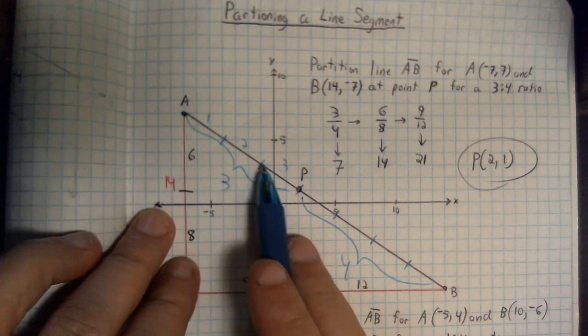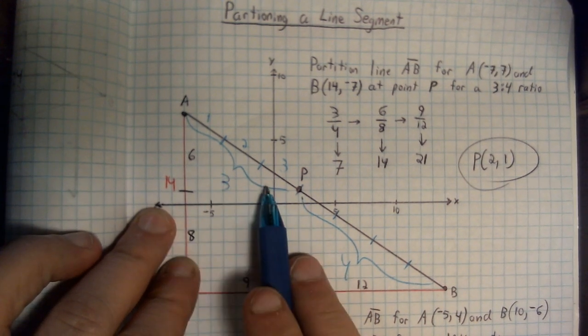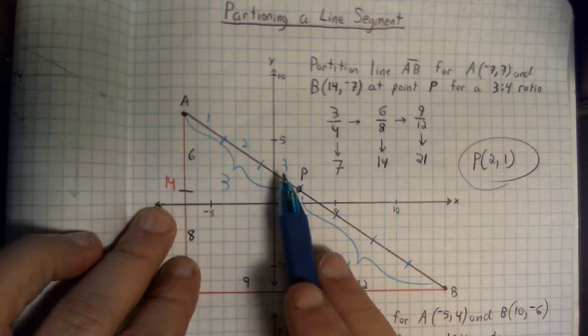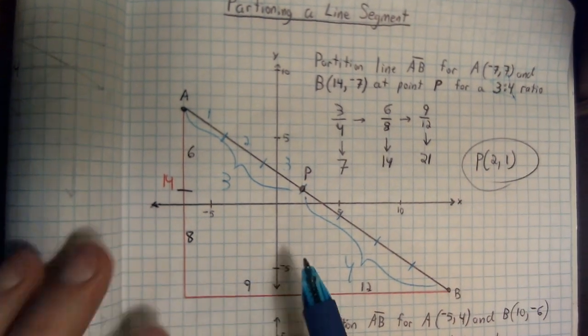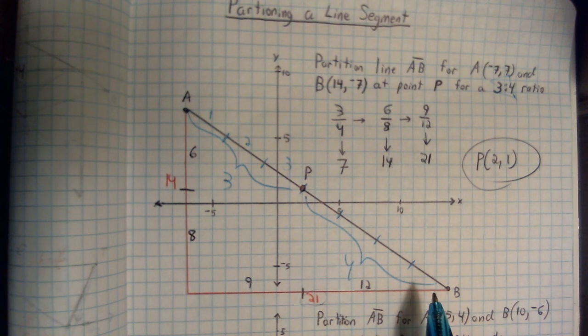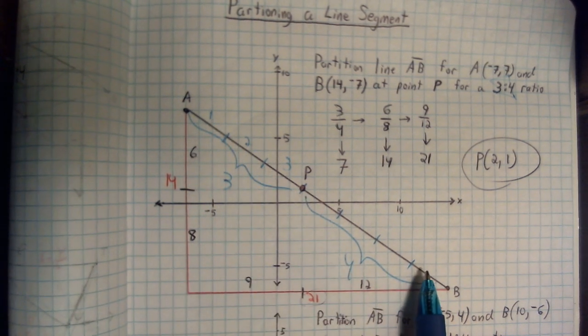So we've actually put point P exactly 3 to 4 full units, which is exactly what we were hoping for. Okay, so I've shown you on the sides what's going on, and I've shown you on the actual line what's going on.